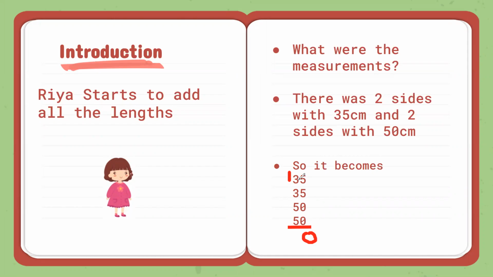So then we have 3 plus 3, which is 6, 6 plus 1, which is 7, 7 plus 5, which is 12, and 12 plus 5, which is 17. So we have the complete measurement, which is 170 centimeters. The unit is centimeters.